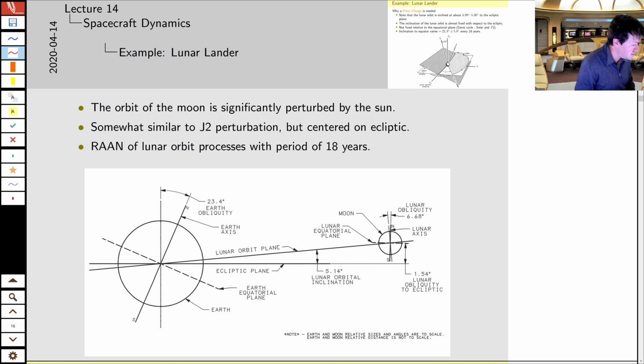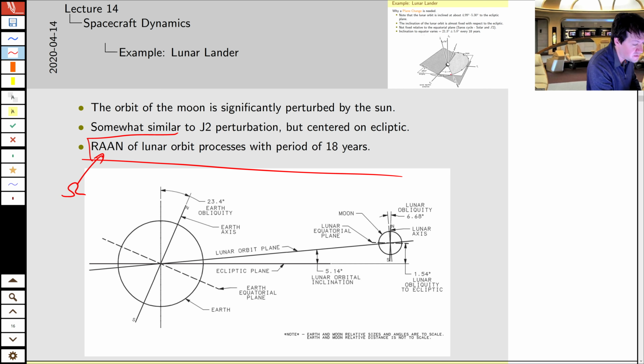So here's the right ascension, which actually also precesses with a period of 18 years for the same reason, right? That it's precessing with respect to the ecliptic, and that means it's also precessing with respect to the equatorial plane.